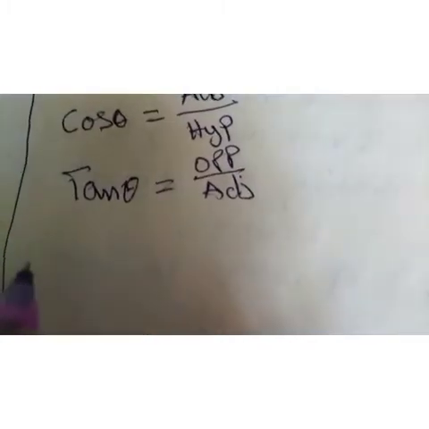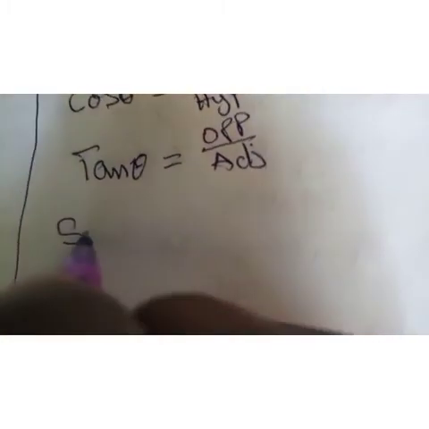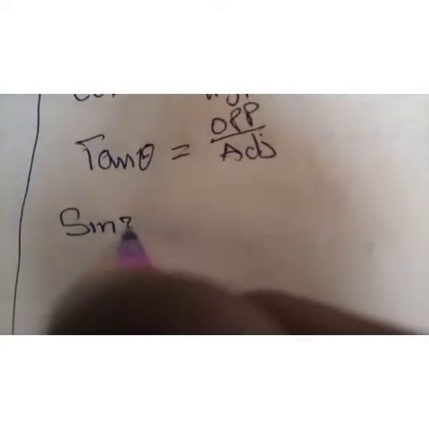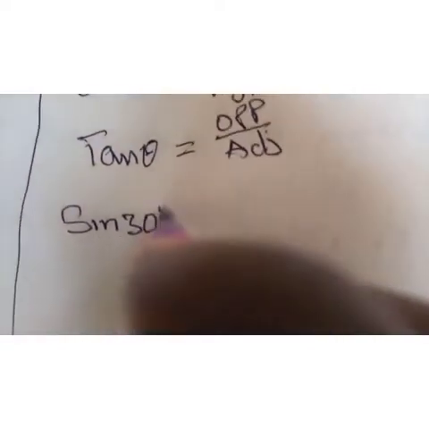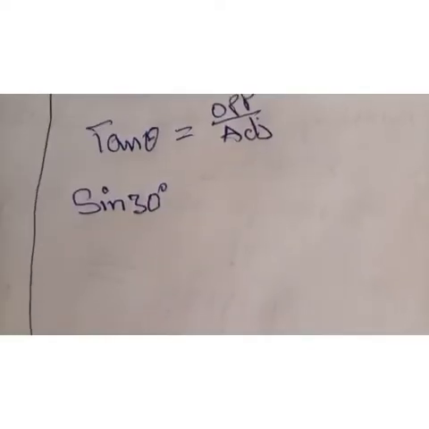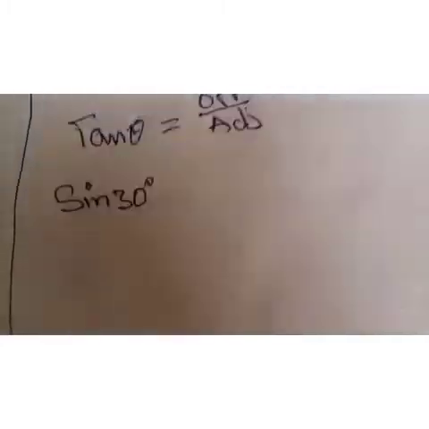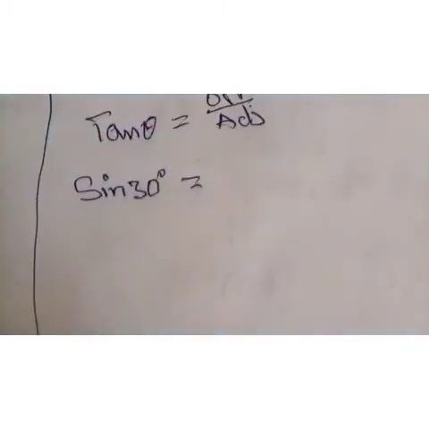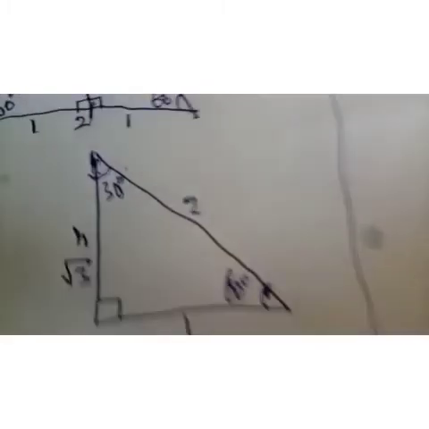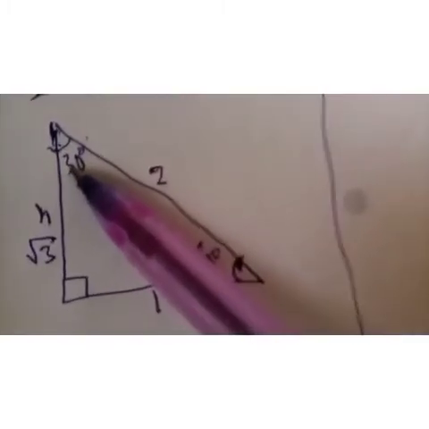So first of all, let's look at sine 30 degree. We look at the angle 30 degree first. If you look at this angle, look at 60 degree, look at 30 degree.